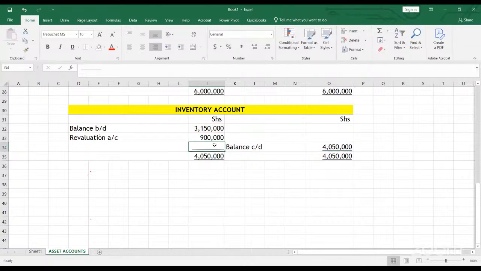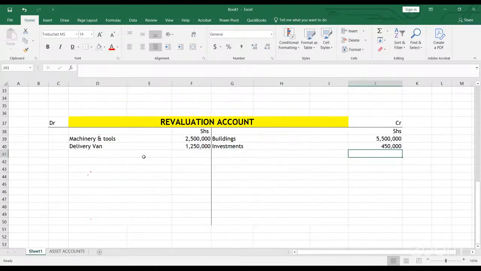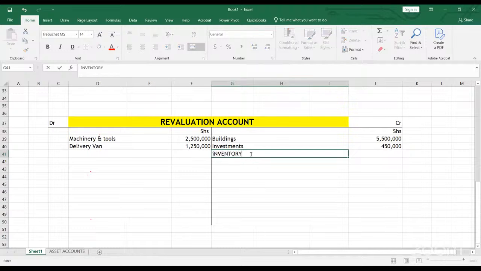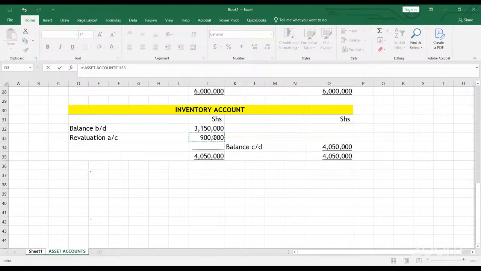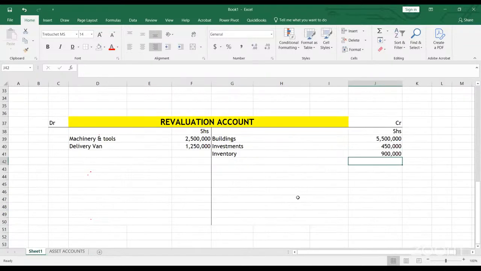Gain of 900,000, right? Take it to the revaluation account. Inventory. Gain of 900,000.